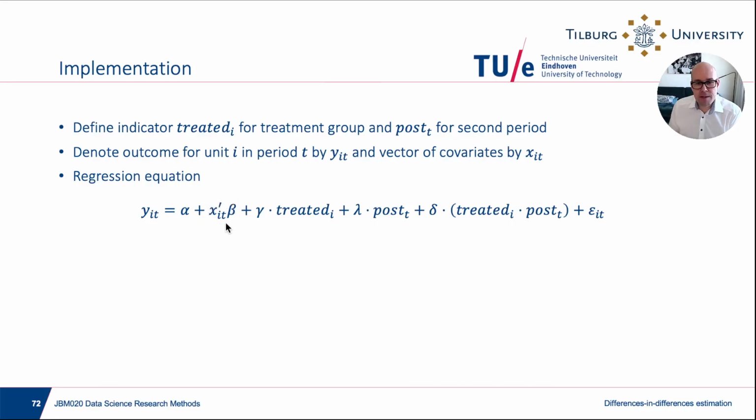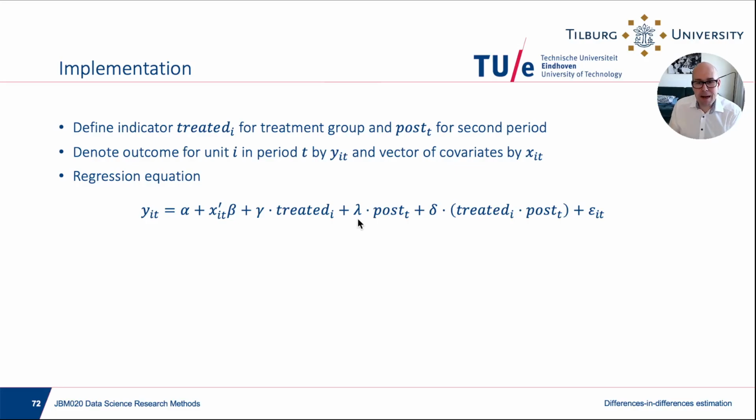We're not going to focus on that much, but I included them for completeness. Then the first interesting thing is gamma times treated. So what this will pick up is that the level of the outcome will be different between the treated and the control. So this is what I called a selection bias before. So in some sense we can directly estimate it here with this approach.